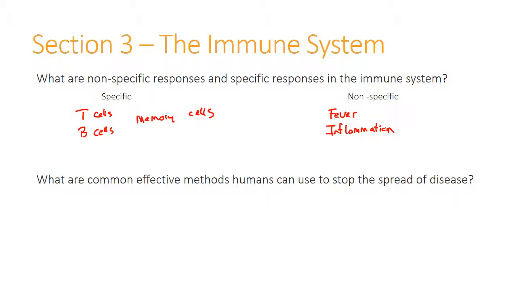So what are common effective methods humans can use to stop the spread of disease? Well, a lot of this you've known since you've been a little kid, but overall, staying clean, and that could involve using chemicals. A common chemical we use for cleaning surfaces is bleach. You could use vinegar. You could use another kind of acid.